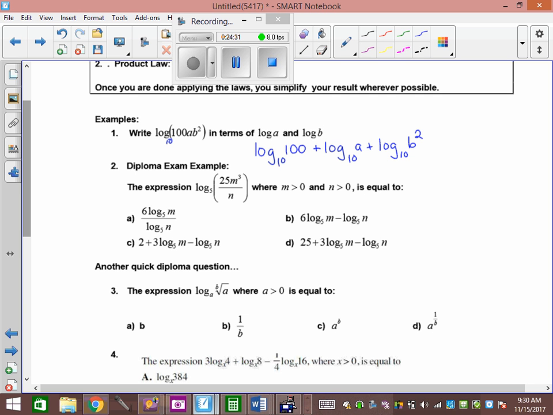If you don't have the base 10 down there, a lot of people are like, log 100, great, I like it, I'm just going to keep it that way. But if you have the base 10, you spot it and go, oh, right, that turns to a 2. Could I leave these logs separate? Log a plus log b squared? Absolutely. You're just trying to match what they have, right?